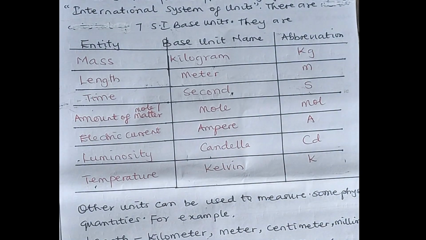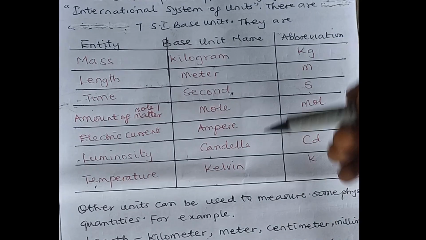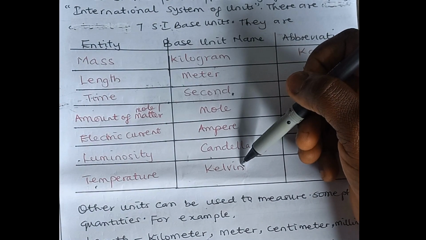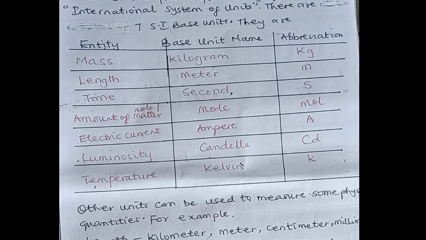Another example is temperature. The fundamental unit here is Kelvin, but later other units were derived from Kelvin, and that's Celsius and Fahrenheit. So temperature can also be measured in Celsius and Fahrenheit.